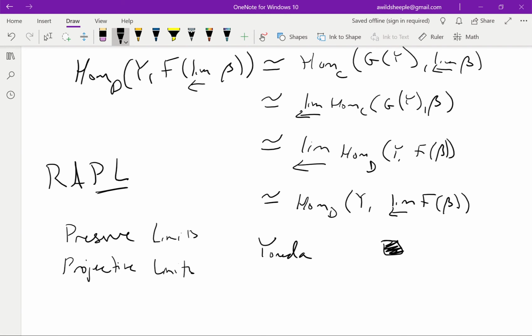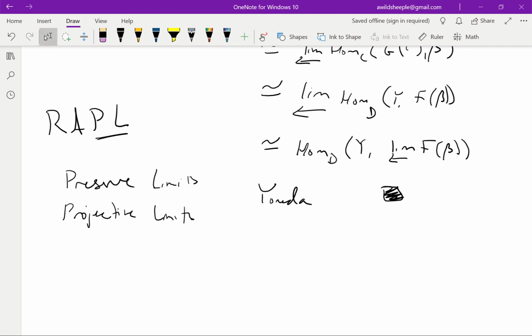I'm not even going to touch on this business of direct and inverse limit because it's the same thing, but the terminology is backwards. So we'll just not worry about this. And as always, you can dualize if you want. You can obtain a theorem which you might call left adjoints preserve co-limits. But you're not under any obligation to do that here in this video. You can do that yourself if you want to.